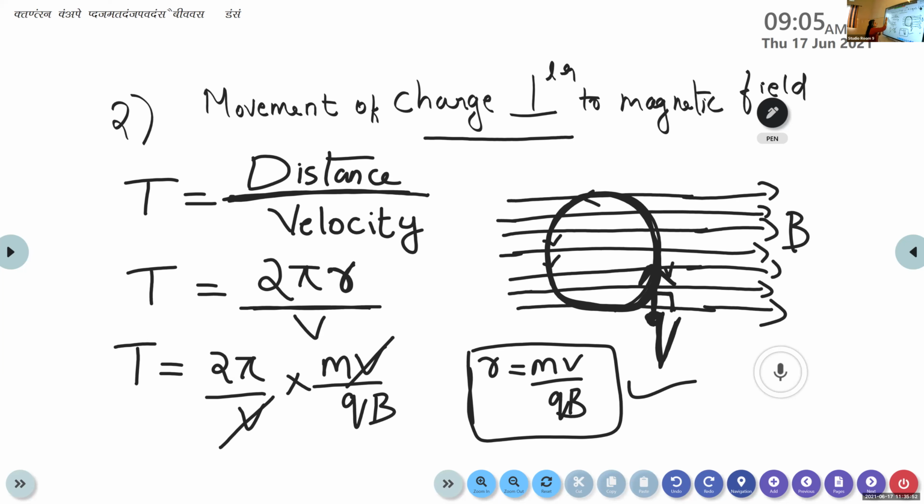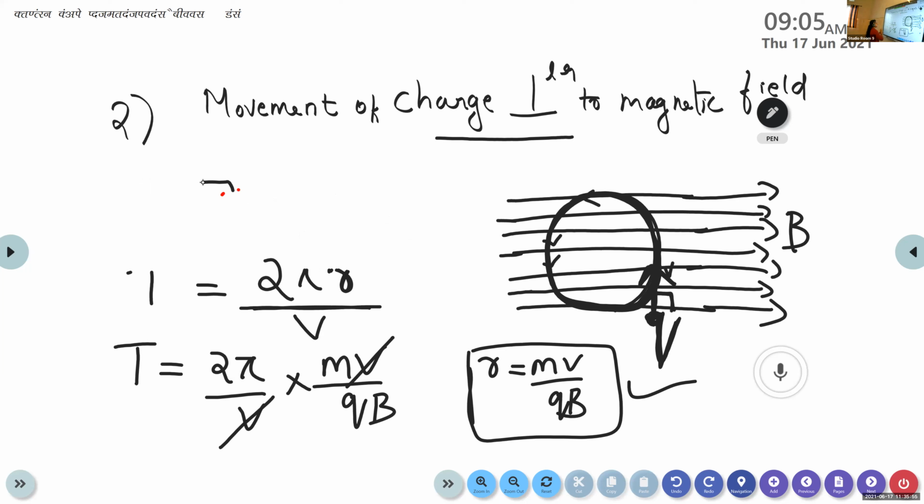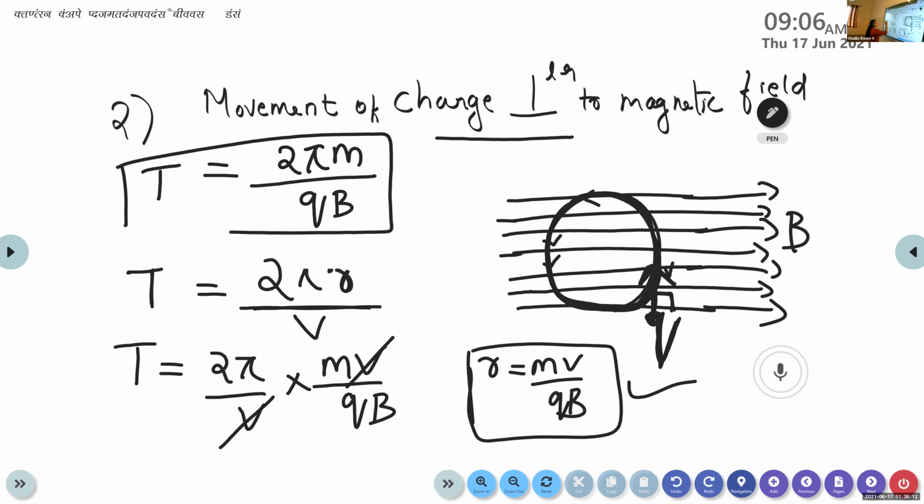So finally we get the time period T is equal to 2 pi m divided by QB. This is the time required for the charge to complete one circular motion.